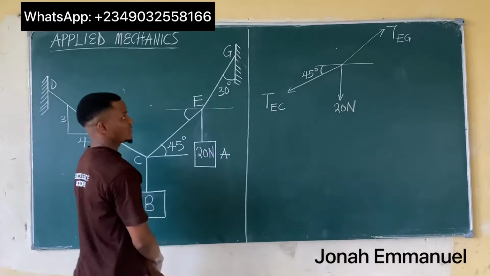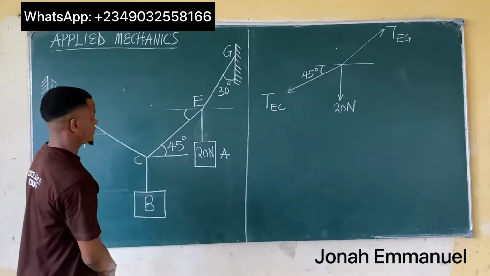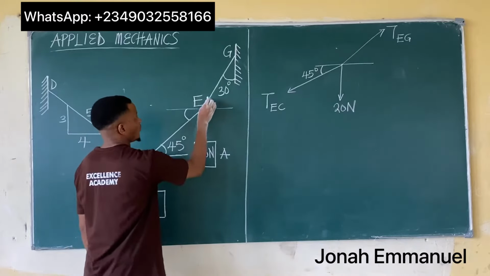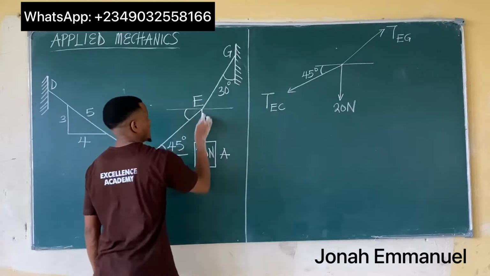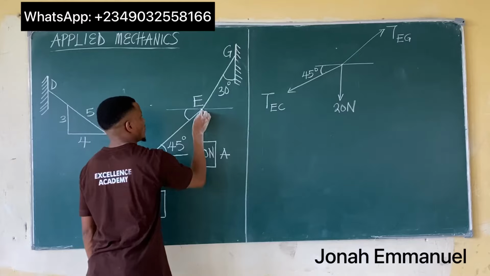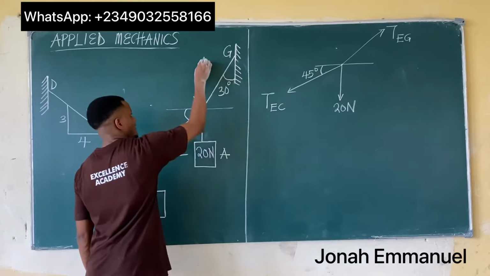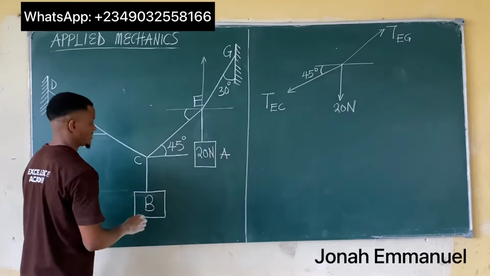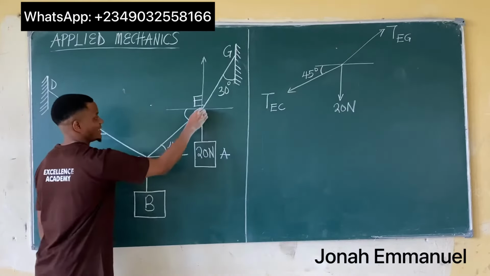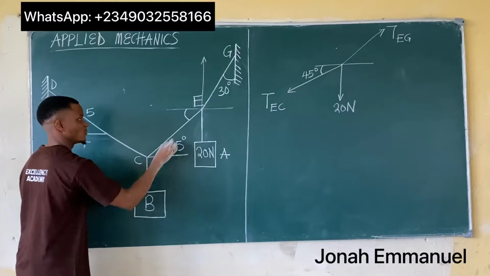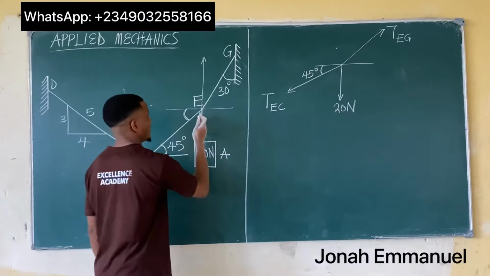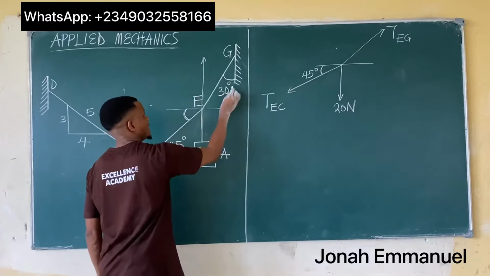What about TEG? Let's say this. Still the same concept of alternate angles. I have this line here. If I choose to extend it upwards like this, this and this are parallel. So this angle equals this. The same concept here. This one here and this are parallel.